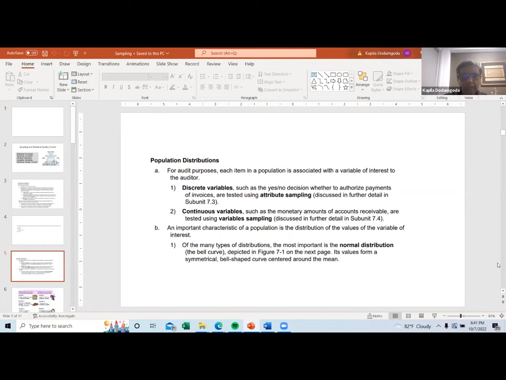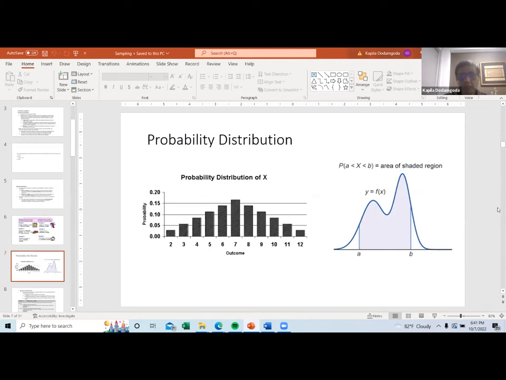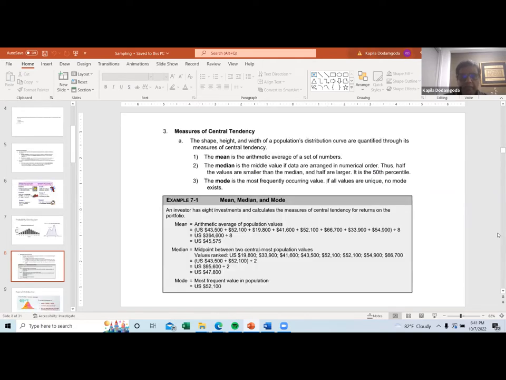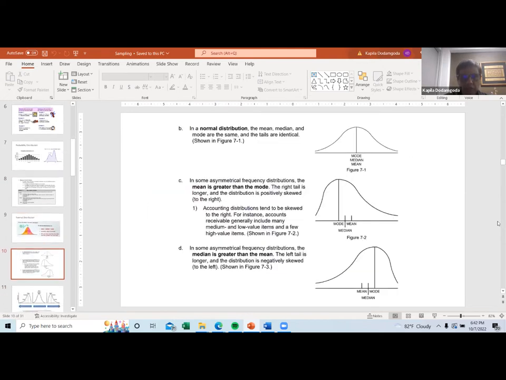For continuous variables we do variable sampling, and what is a normal distribution. Then an example of discrete data and continuous data, and the probability distribution of a discrete variable and of a continuous variable. Then the measures of central tendency, the indicative value for a range of values or a group of items: the mean, median, mode, what these mean and how to calculate them.